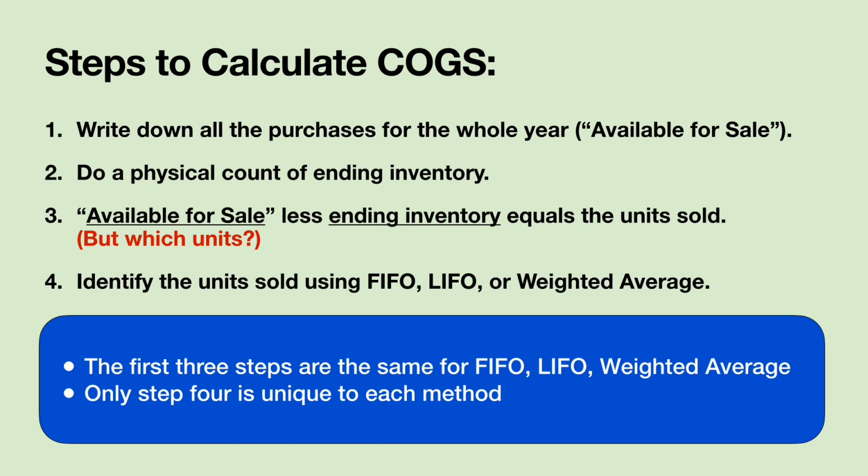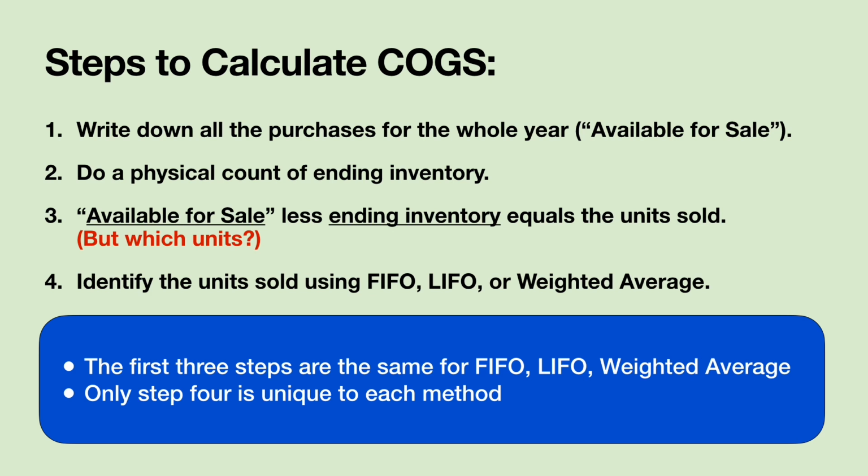And then step 2, we do a physical count of our ending inventory. And in step 3, we will subtract our physical count from step 2 from all of the layers that we purchased during the entire year. That's step 1. And this will equal the number of units that were sold.